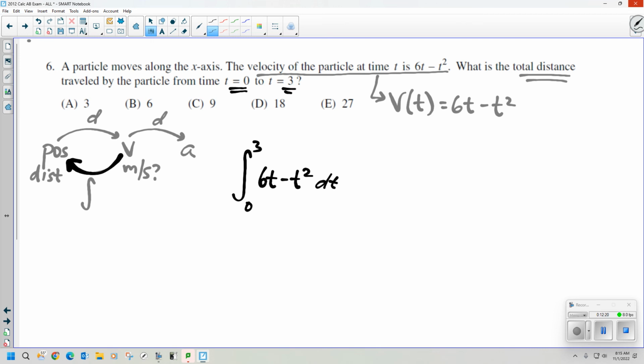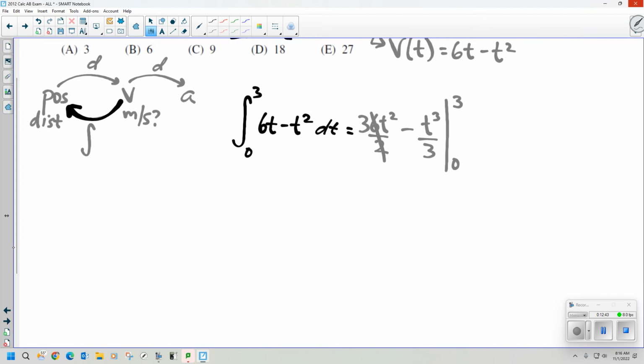Okay? When I integrate 6t, I get 6t squared over 2. 6 goes into 2 3 times, so I get 3t squared. Minus t cubed over 3. Okay, and I want that from 0 to 3. Man, have I told you yet how I love plugging zeros in? It's just fantastic. So let's throw in our upper bound.